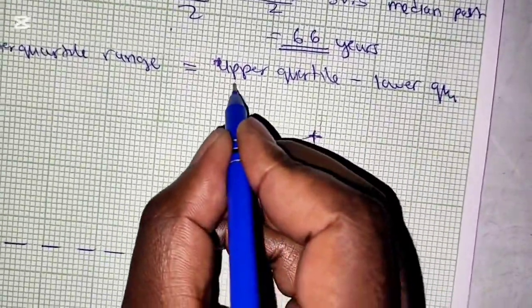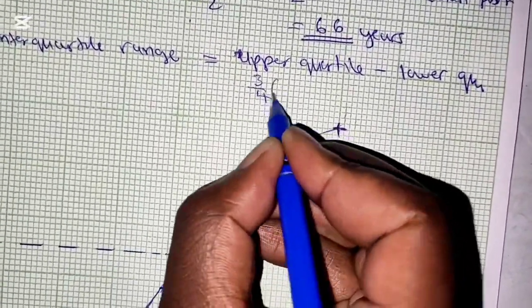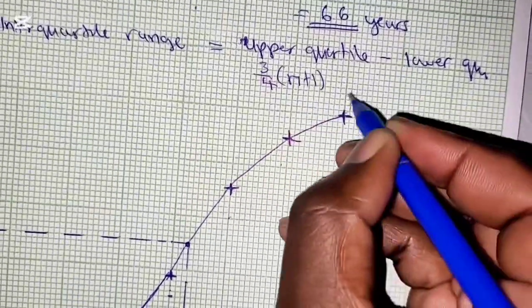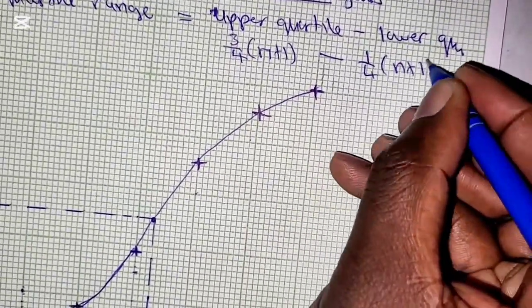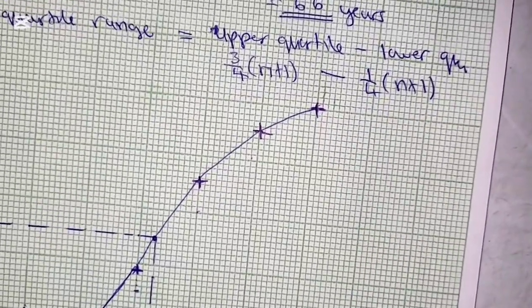So the formula for the upper quartile is 3/4 of n plus 1, minus the lower quartile, which is 1/4 of n plus 1. Are we together?